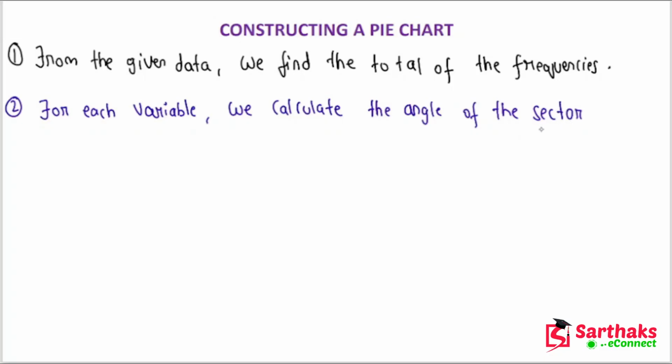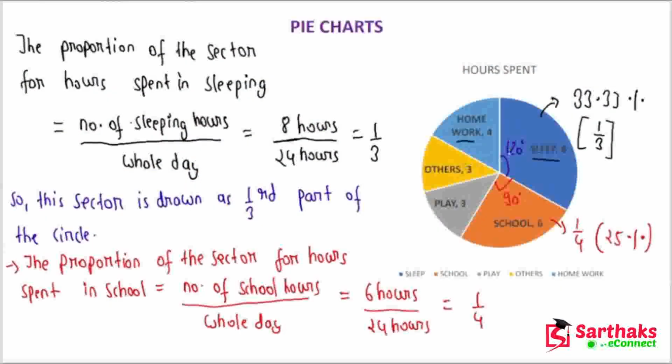Now what is this angle of the sector? That is the angle at the center, the angle at the center of the circle. Let me show you. This is the central angle.